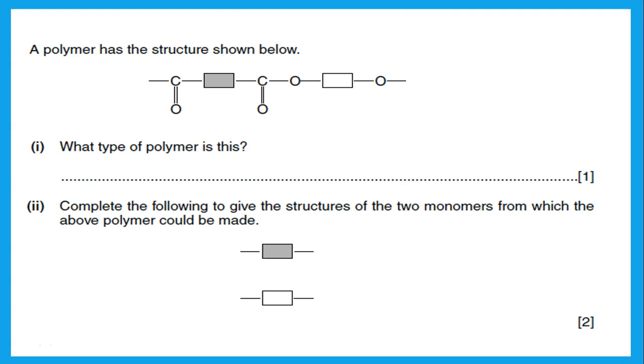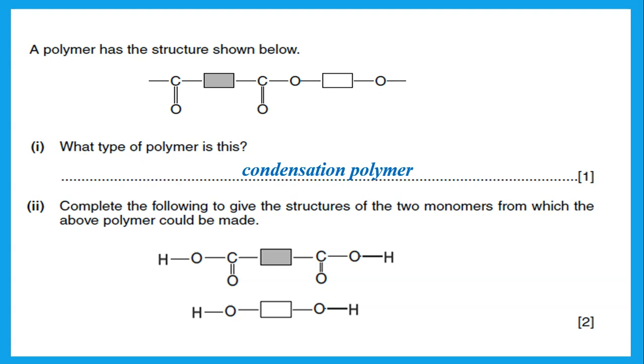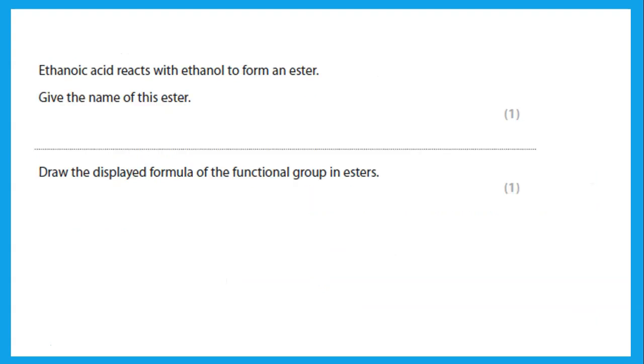So if we have this polymer, what type of polymer is this? Is this addition or condensation? Obviously, this is something that was made from acid and alcohol. This is a condensation polymer. The part that has the C double bond O was the acid. The part that has the O's was the alcohol. So these are the monomers that were joined together to give that polymer on top.